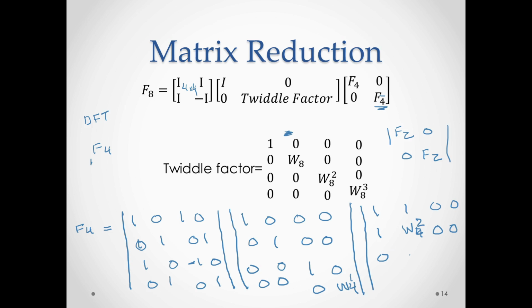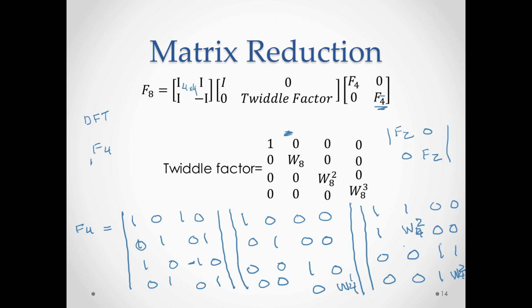Now this term would be 0 0 0 0, 1 1 1, W4 2. In this manner we can calculate F of 4.